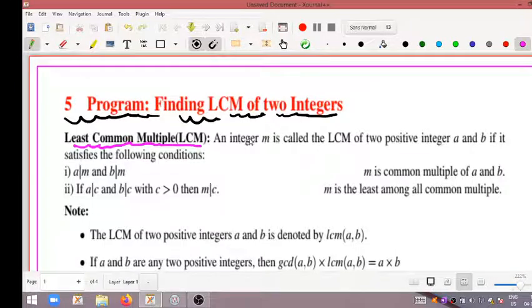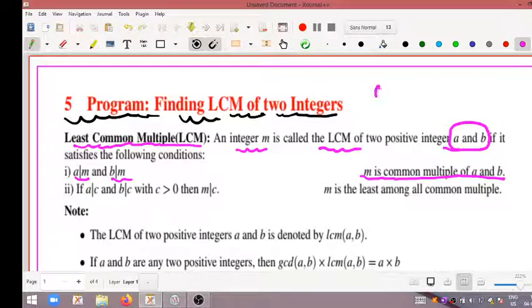We all know this. An integer m is called the LCM of given two integers a and b if it satisfies the following conditions. First, if a divides m and b divides m, that means m is a common multiple of a and b.